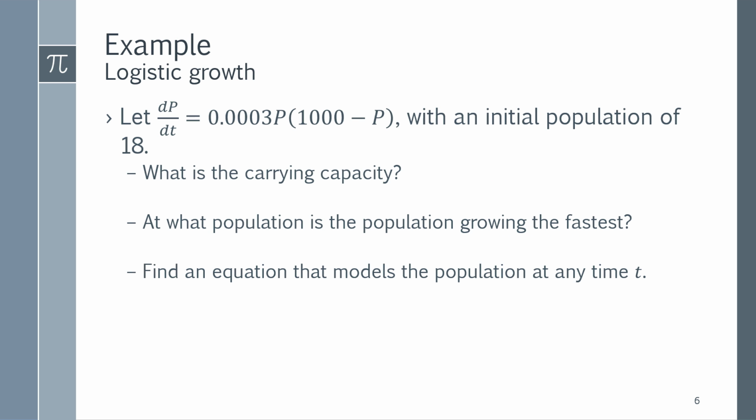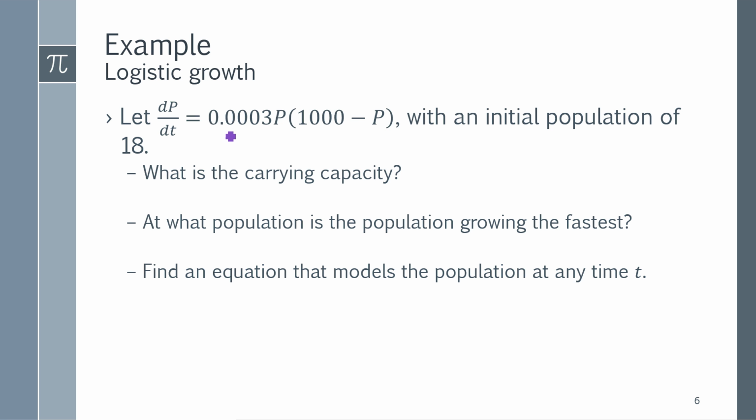So, things that we can be told. Let's say we have some population where dP/dt is given by this differential equation, and we know that there's an initial population of 18, whatever they are. You can decide for yourself. They could be bears, they could be spiders, whatever you feel like.